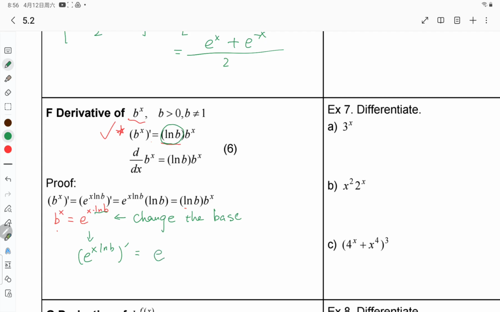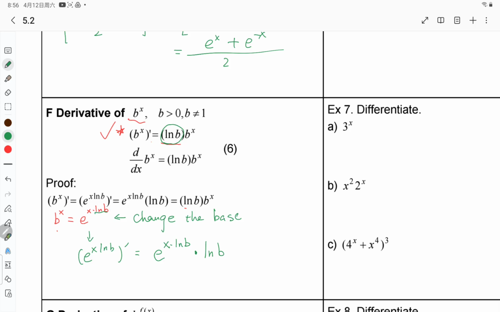Because we know how to differentiate exponential e, we always copy e to the u, so e to the x ln b. And again, the constant, the parameter in front of x is ln b, right? So we need to multiply by ln b, and that's it.